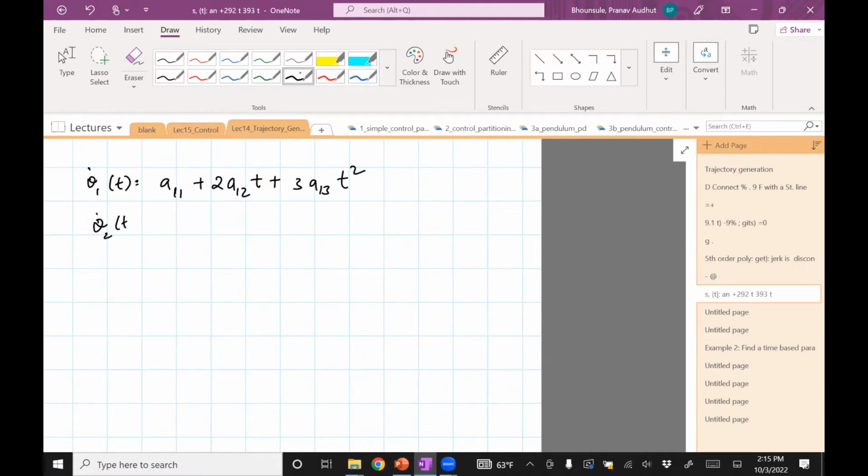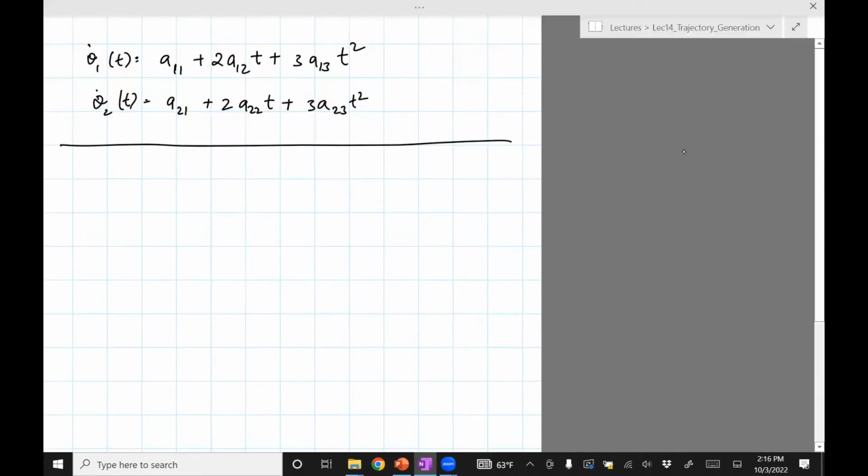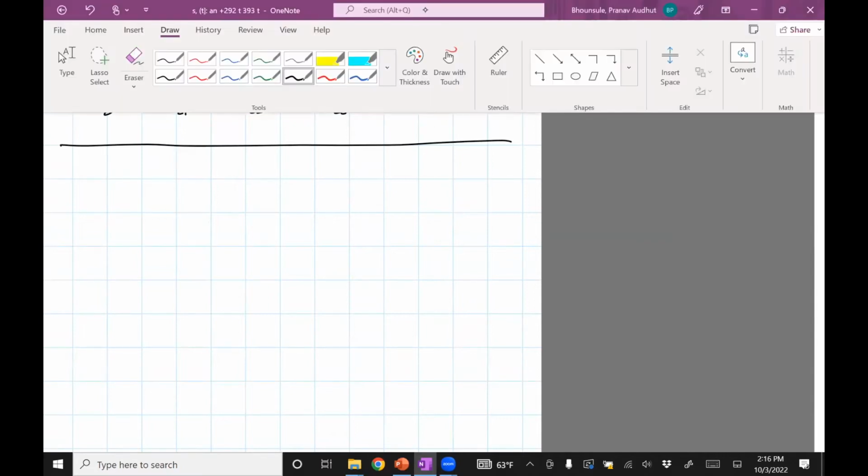Theta 2 dot of t equals a21 plus 2 a22 t plus 3 a23 t squared. Now that we've got those equations for position and velocity, we can sub in the values.